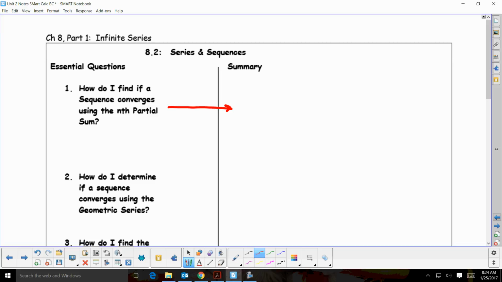Okay, so write down the first few terms. See if it's telescoping, right? See if the terms cancel and you're just left with a few of them for a sum. Or see if they just keep growing and not converging to anything, basically. So look for a pattern of what's going on as you go to infinity.